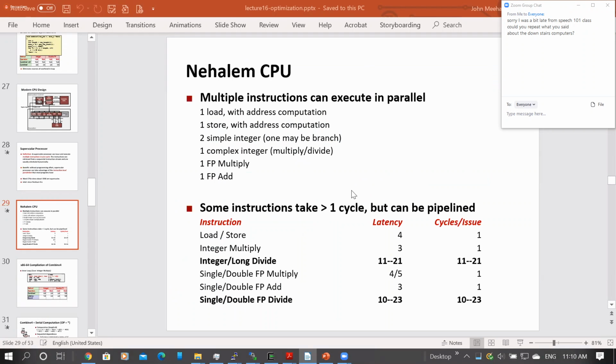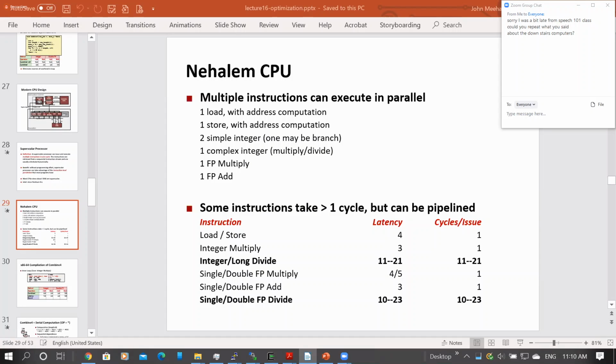The latencies for the older Nehalem design that are in my slides here are shown as 4, 3, whatever, right? And the load and the store is shown here, which says I could do one load and one store at the same time.